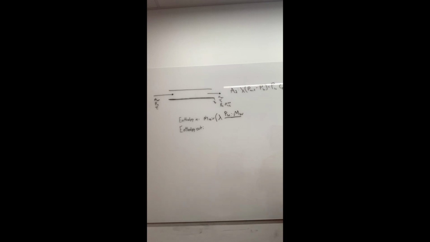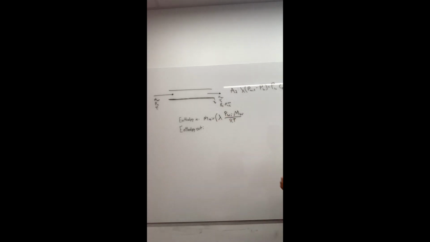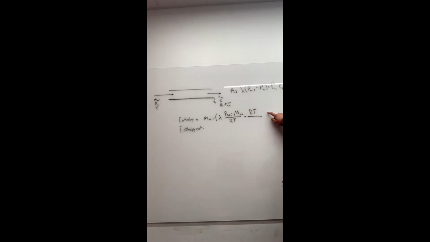Sorry if I'm going a bit slow, I'm thinking about units. And then that'll all be over RT. So that would be equal to the concentration of the water initially times the molecular weight.